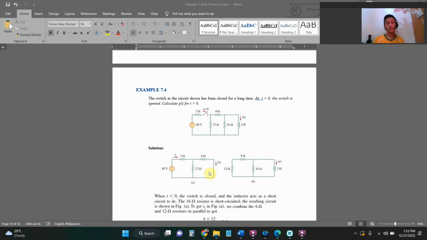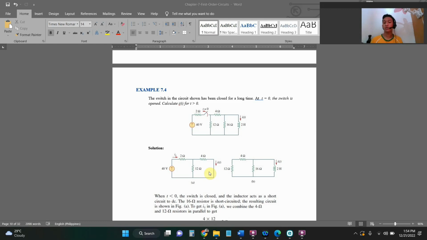Since we have this circuit, first we find I sub 1. When t is less than 0, the switch is closed, and the inductor acts as a short circuit in the DC circuit. So the 16 ohms resistor is short circuited. The resulting circuit is shown in figure A.